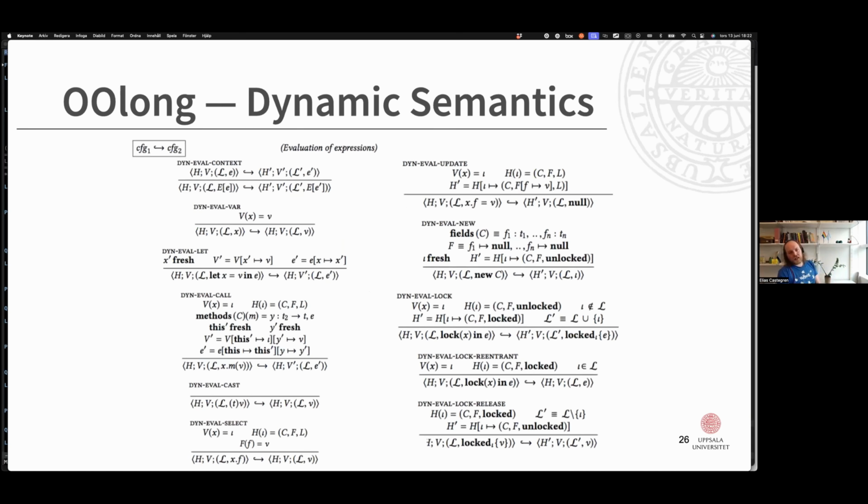The dynamic semantics look like this. Again, I won't go through all of it, but we can sample a few of them. For example, here's select. In order to evaluate x.f, we look up the value of x in V and get an iota. We look up the value of iota in the heap H. We get an object CFL, and in its fields F, we look up the value of f, and we get a value v, and the result is the value v.